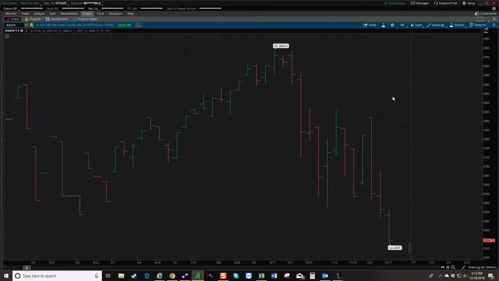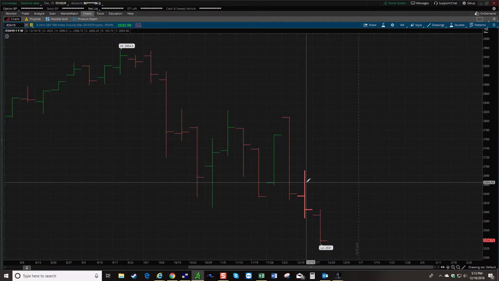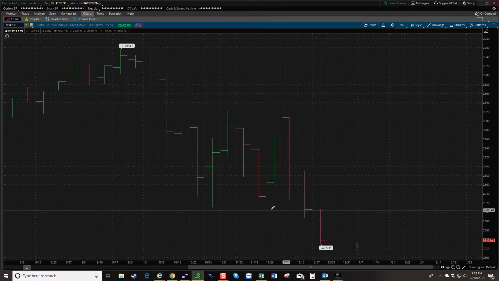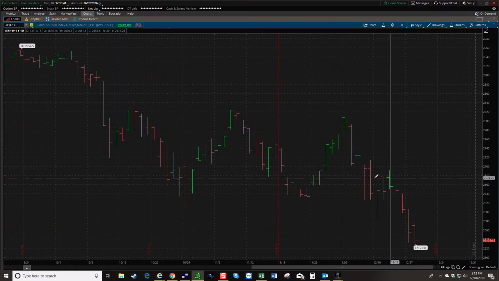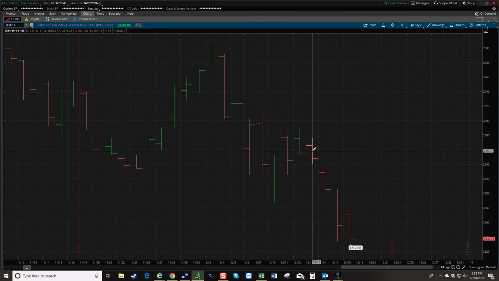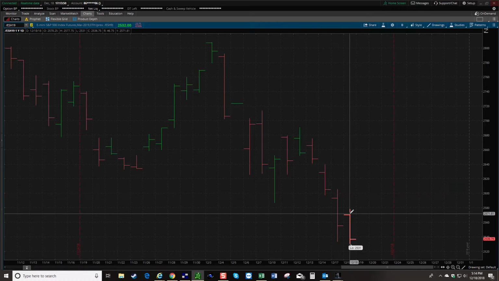Go to the weekly chart. We are one time framing lower, 1, 2 weeks. So we're one time framing on the monthly, we're one time framing on the weekly, and looking at the daily, we are one time framing lower on the daily, 1, 2, 3, 4 days.